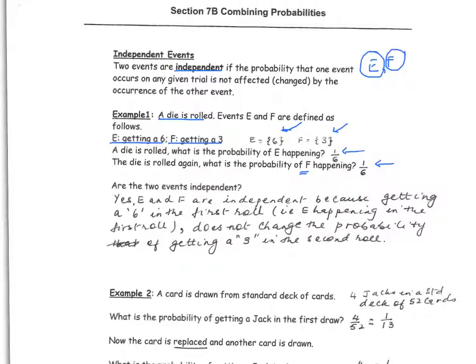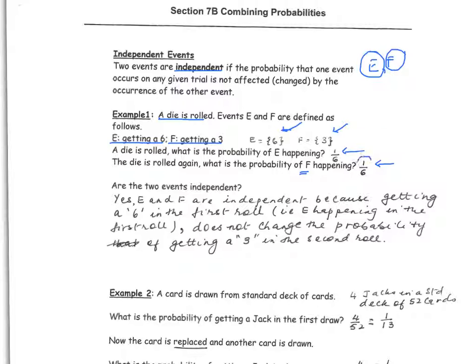Now, how do we know that the two events are independent? Suppose we roll a die and we get a 6. The probability of that happening is 1 out of 6. Now we know that in the first roll we got a 6. If I ask you, what is the probability of getting a 3 in the second roll?